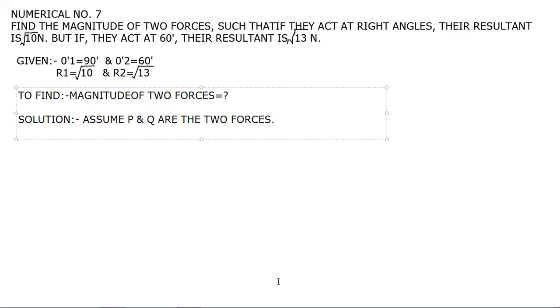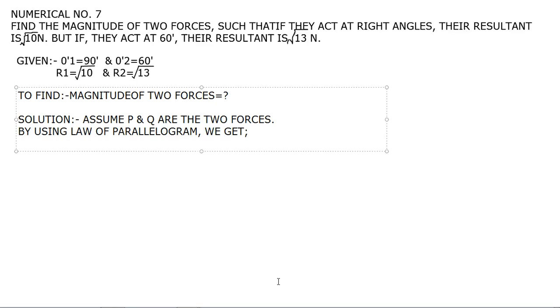Now, what thing can you use simply here as the two forces are given? You can use the law of parallelogram. So you can write here, by using law of parallelogram, we get this thing. Don't skip this.